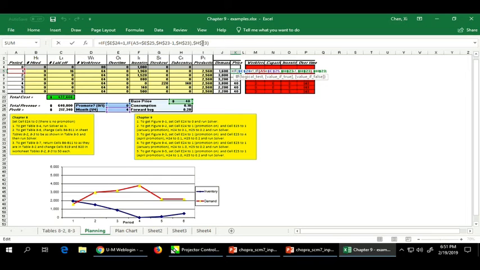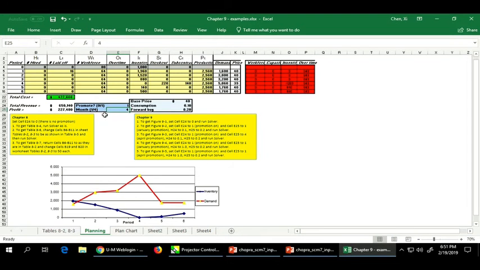Otherwise, it's $40. Okay, so this is a combination of two if logic. So now if I say I do promotion and I do it in month 4, then month 4 price becomes 39. The other ones don't change. If I say I do it in month 1, then 39 becomes first month price.